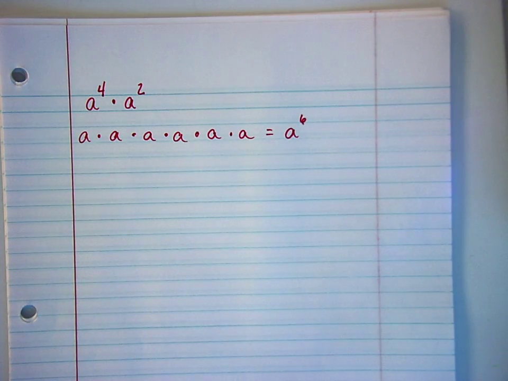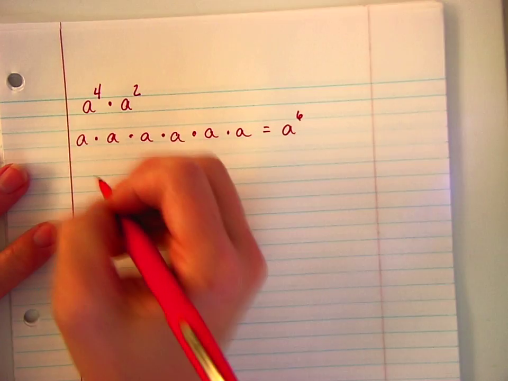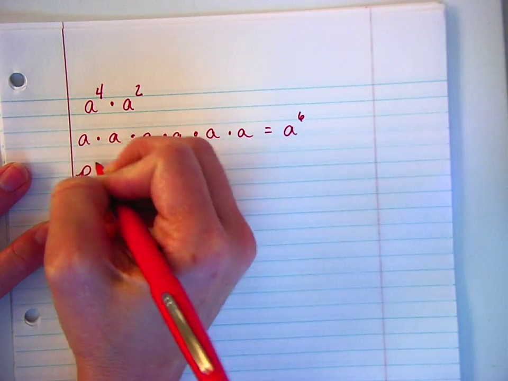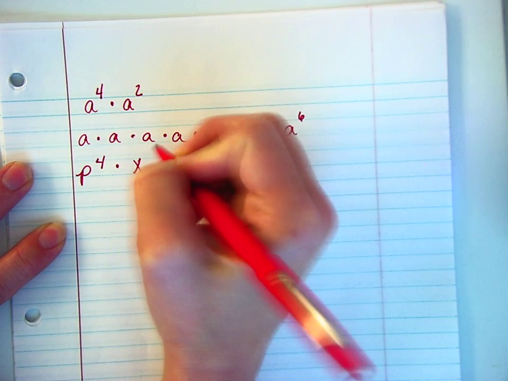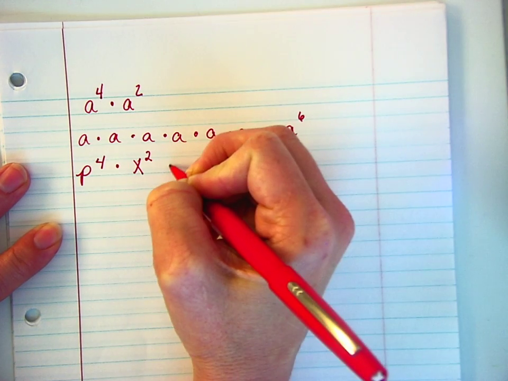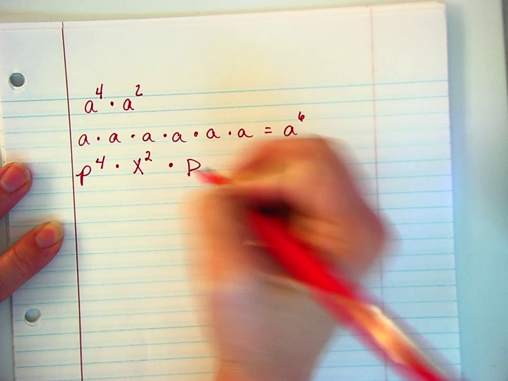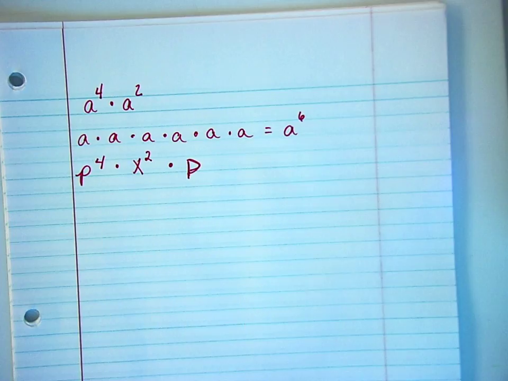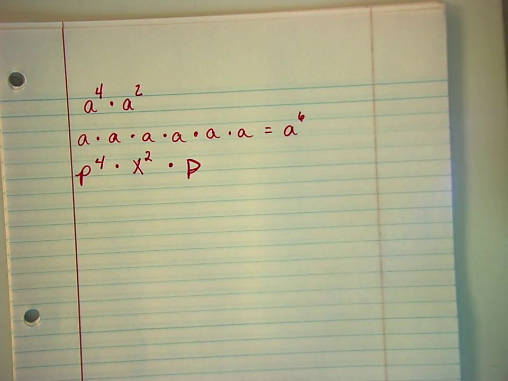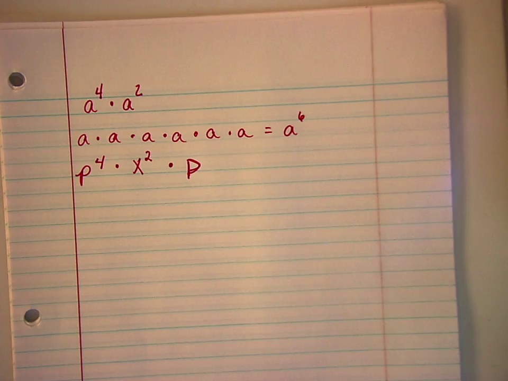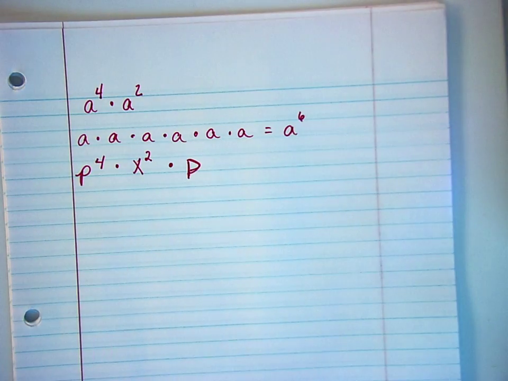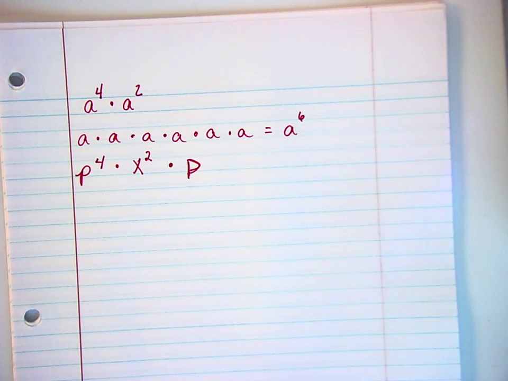Okay, so let's do another one together. I have p to the power of 4 times x to the second power times p. Now, if you're expanding it, that's fine, but I don't think that we need to expand it now. I think that you kind of get where it's going. When you have your final answer, simplify.